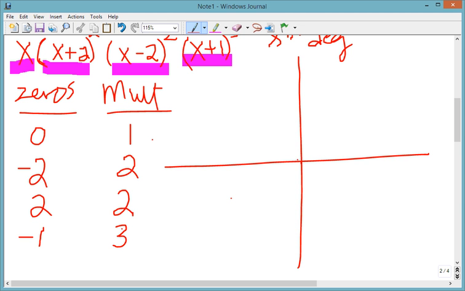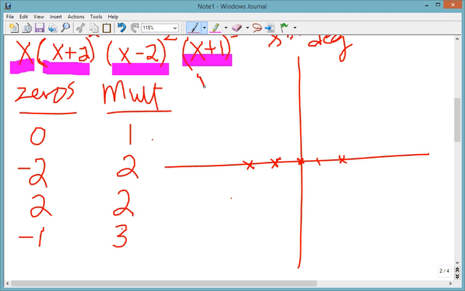We know we cross at 0. We know we cross at 2 and -2 and -1. Okay? 8th degree means it's going to go up on both ends.